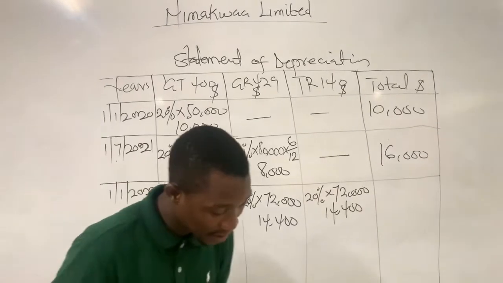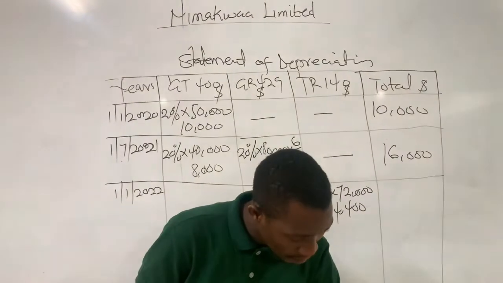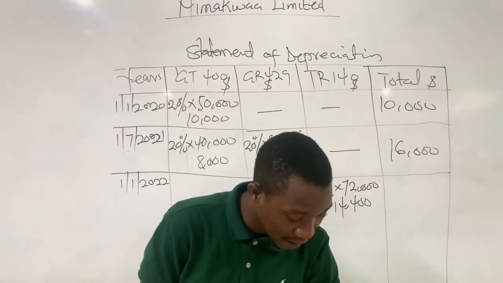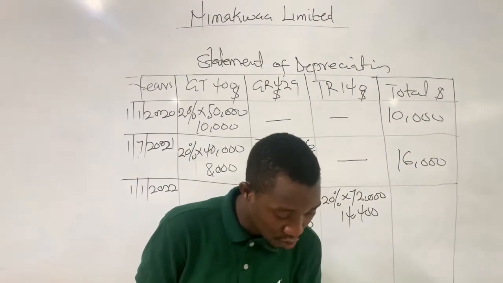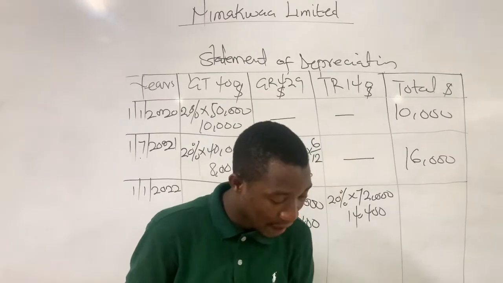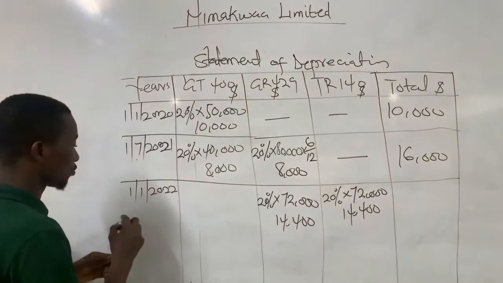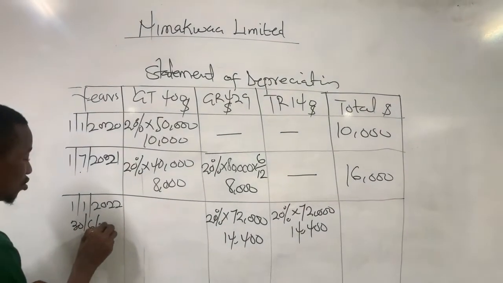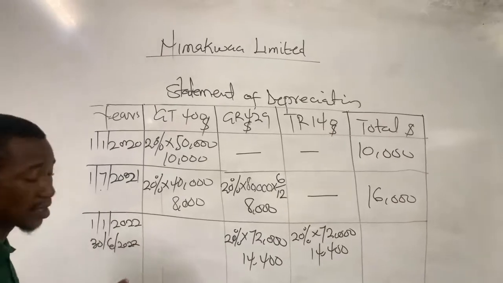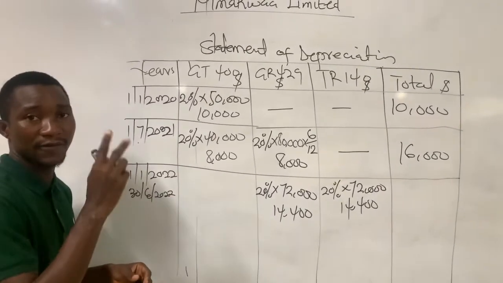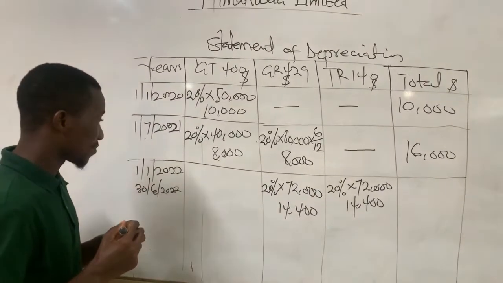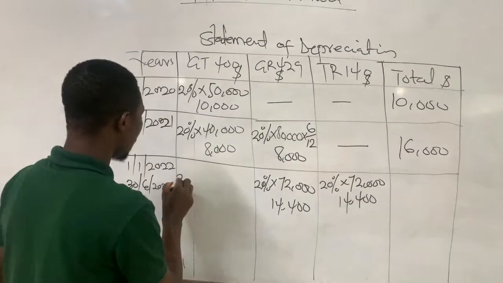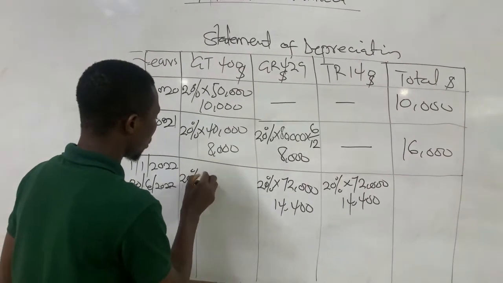So let's also consider the asset GT 400. But mind you, from the question, they say that motor vehicle GT 400 was disposed of on 30th June 2022 for an amount of 31,000. So we disposed of it on 30th June 2022. This means that this asset for 2022 is in the business for only 6 months. Is that okay? So we are going to calculate only 6 months. So that is 20% on the net book value.